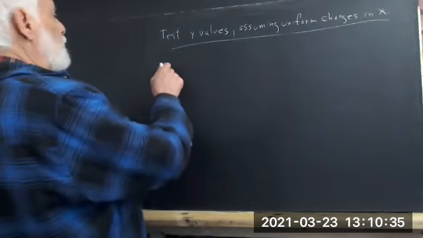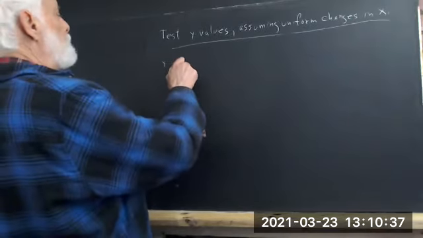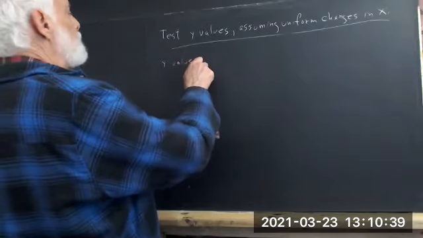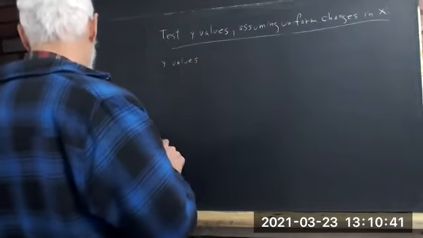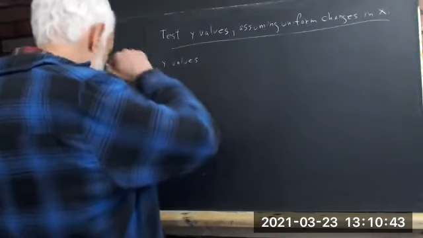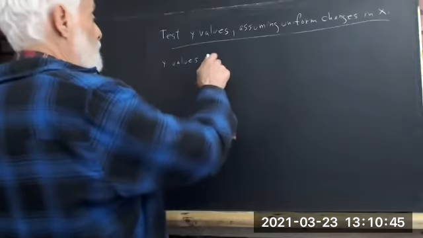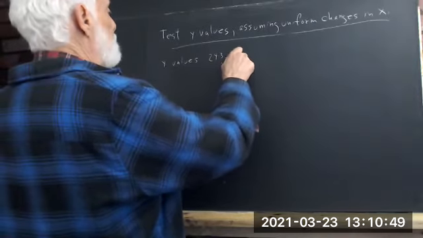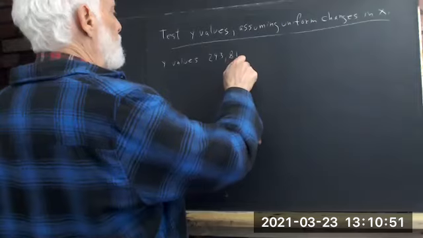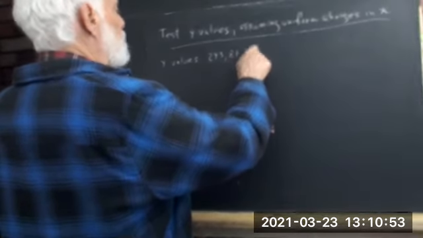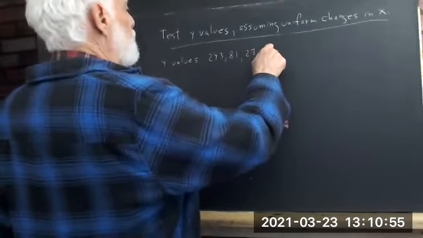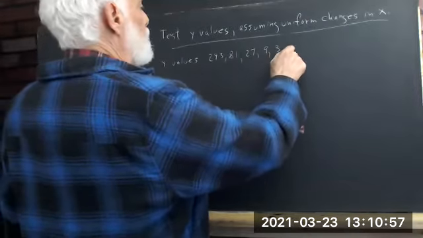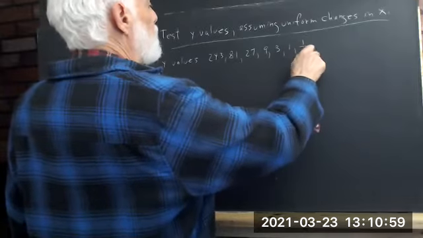So let's say the y values are, let me choose 243, 81, 27, 9, 3, 1, 1/3.